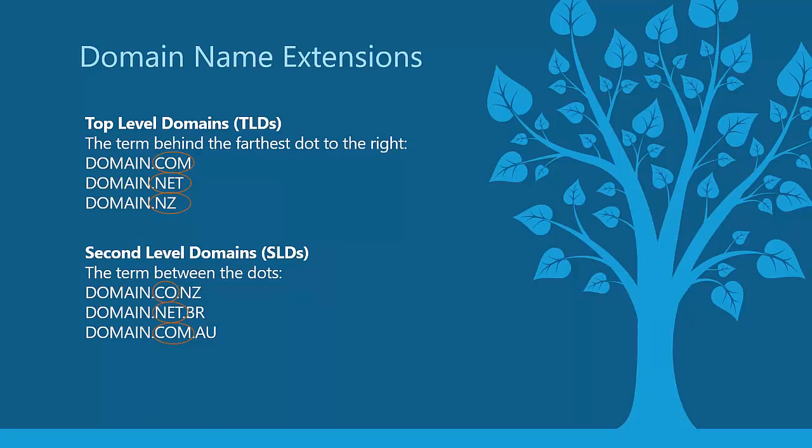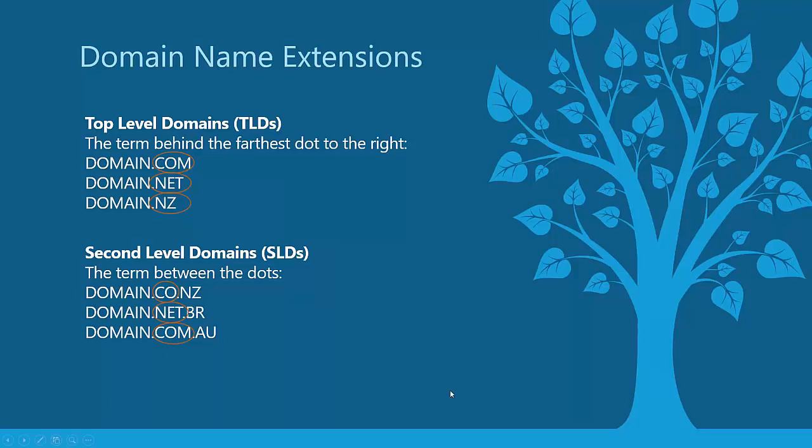Sometimes registries will also create second-level domains. And if you can see in the examples, we've got domain.co.nz, net.br, com.au, and that would be the term between the dots. They all generally work the same, although some may have different requirements than others.